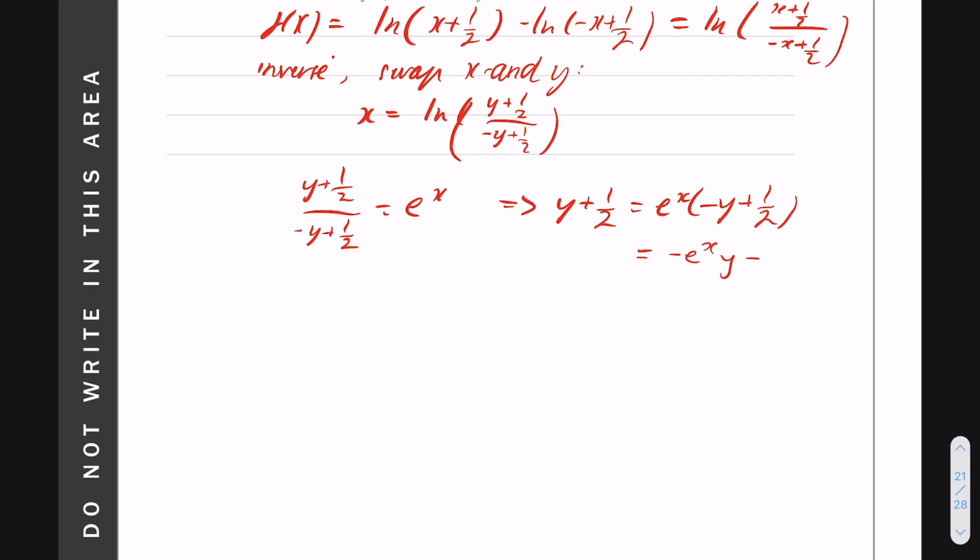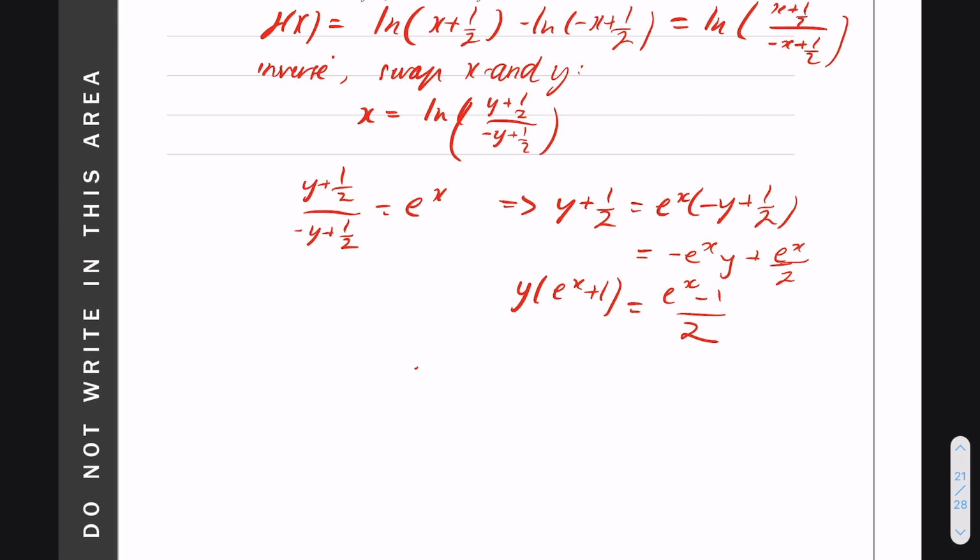or negative e to the x y plus e to the x over 2. If we just move this over to the other side, we can take out y as a common factor. We get y times e to the x plus 1 equals e to the x over 2 minus 1/2, because we moved the 1/2 over.